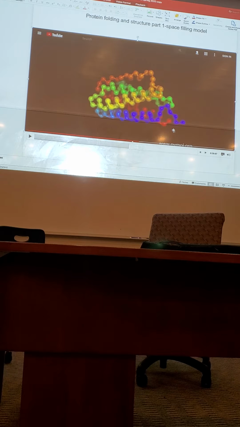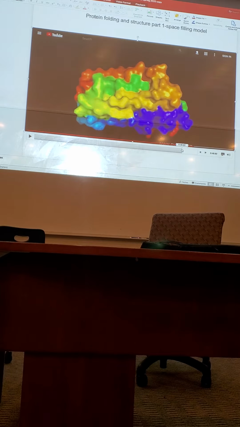And you can see it here pretty well. The purple end and the red end are now actually side by side as a result of this folding process. So that's one concept you should appreciate, is that even though they're at the ends of a linear polypeptide, they don't necessarily end up that way. It all depends on the folding characteristic of the protein.